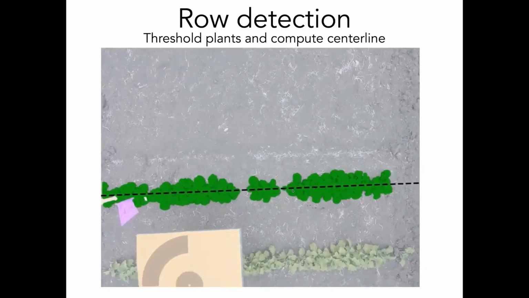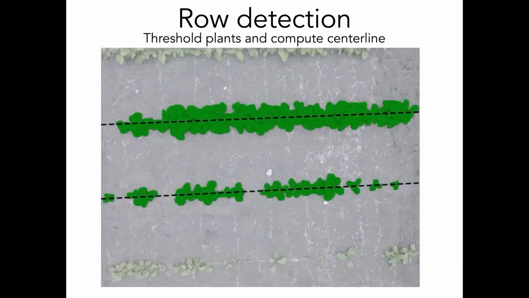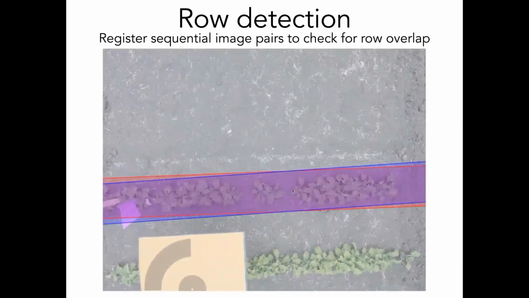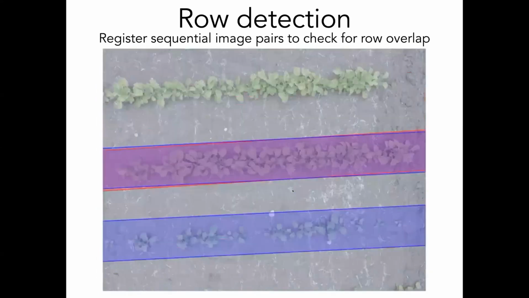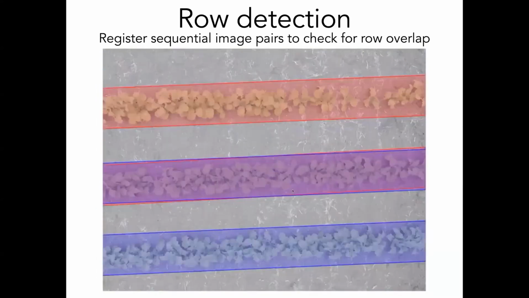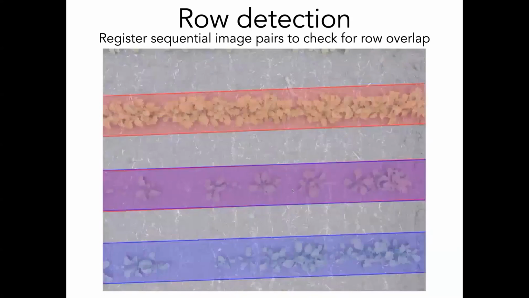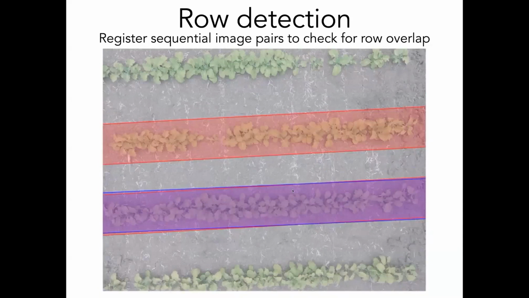From there, we can fit the center line for each row. Then between sequential pairs of images, we can do a co-registration and find the overlapping rows here. When a red box pops up, that's a new row that we haven't seen before, and the purple ones overlap with the previous picture.